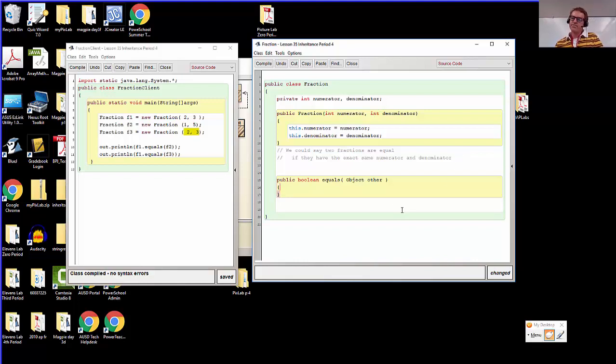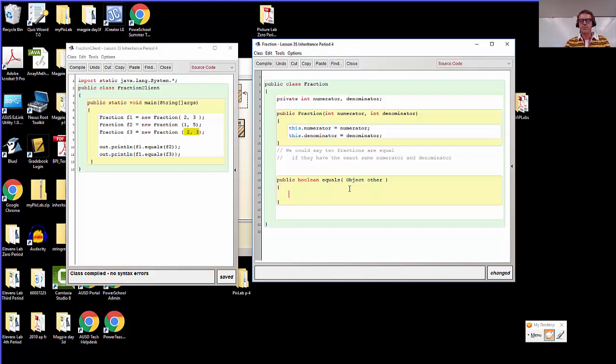But that's going to cause some concern here because we wish it said Fraction other. That would be a little nicer, wouldn't it, if it just said Fraction there. But if you put Fraction there, you would not be overriding the equals method in the Object class. Okay, a lot to think about for a little tiny method.